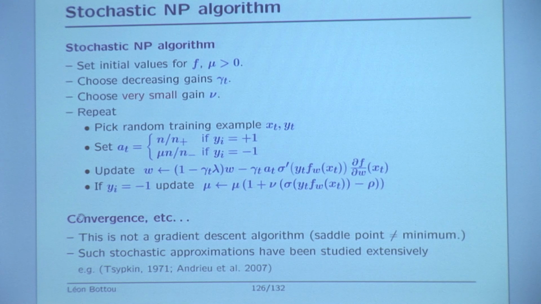In the stochastic approximation literature, you have extensive studies of this kind of saddle point search problems, precisely because that's the way to do constrained optimization with stochastic gradient. They're just even more complicated than the standard gradient stuff. It's just hell. But the same kind of result applies, basically that you have convergence under mild conditions, that the speed is more difficult to come by, but it's not catastrophic.